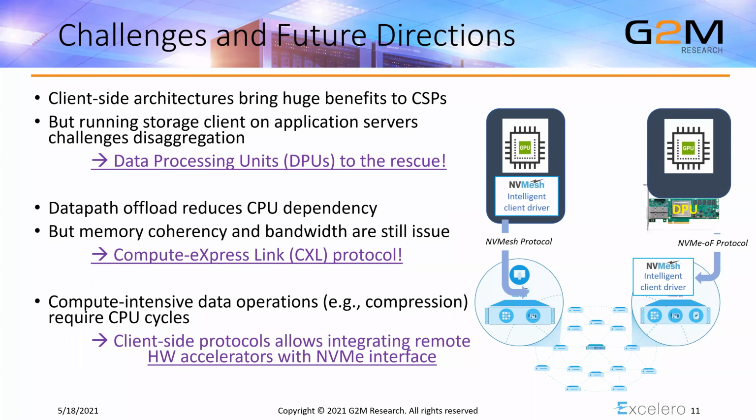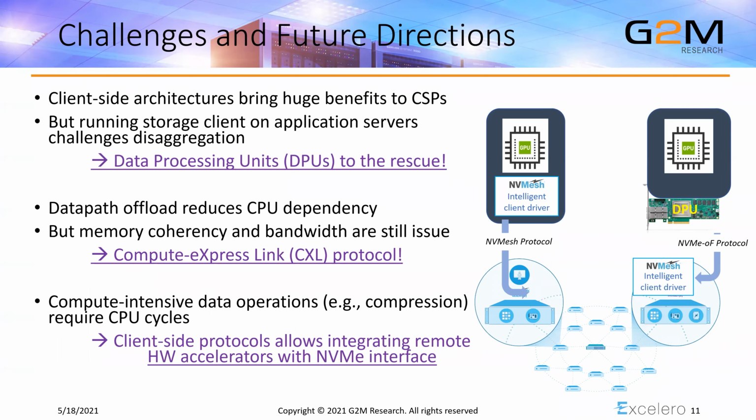And finally, there are features that shouldn't be on the client side anyway, because they are very much data dependent. For example, compression, encryption, and so on. So how to handle them without wasting client CPU cycles? This is actually where hardware accelerators come into play.